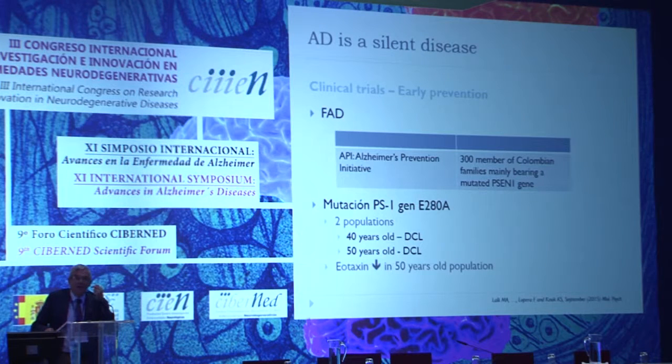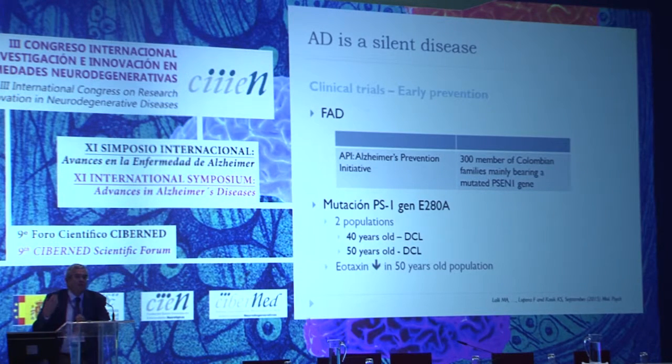Then, when they were studying these cases in Colombia and Antioquia, as Professor Rosor said, they found another part of the family, another population in which the appearance of the disease was at 50 years old plus or minus 2. It's 10 years later.